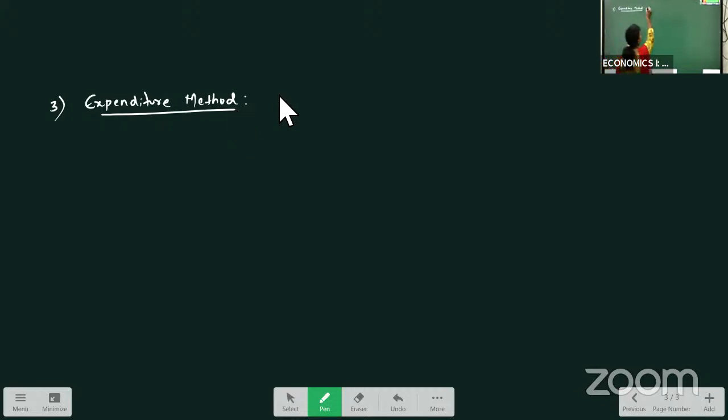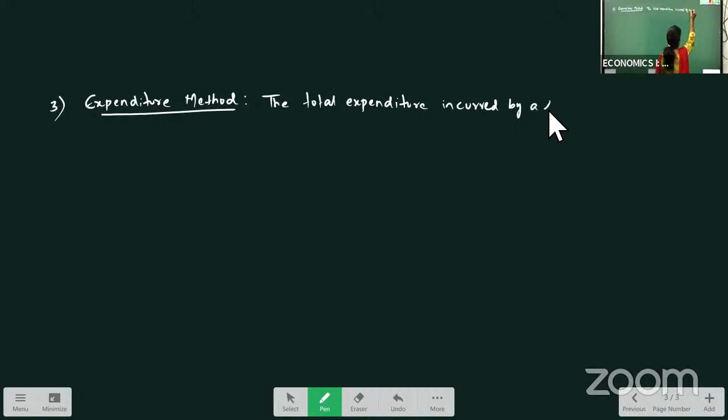The total expenditure incurred by a society in a year. When we calculate the total expenditure incurred by a society in a year is added, we get the national income.